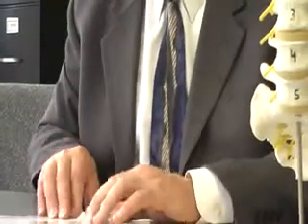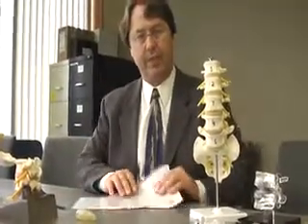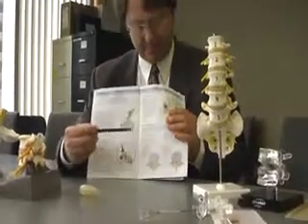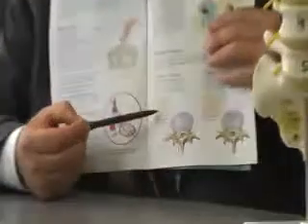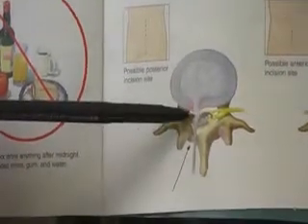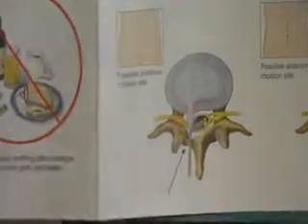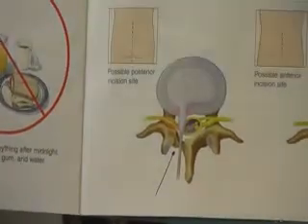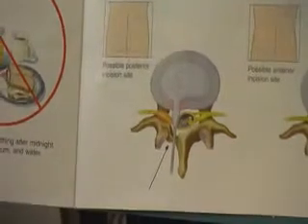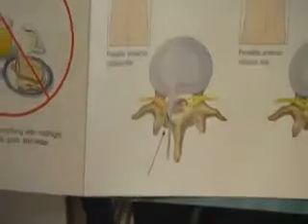The microdiscectomy usually implies that it is done under a microscope using minimally invasive techniques, and as this picture demonstrates, an incision is made, an instrument is used to grab the free fragment and pull it out, very much like you would grab a splinter and take it out of your finger, or grab a stone and remove it from your shoe and then put your shoe back on.